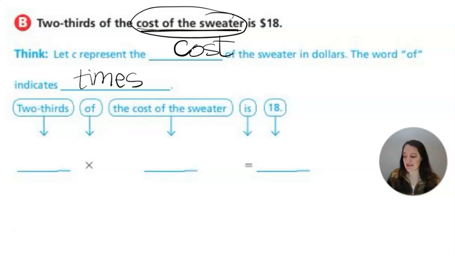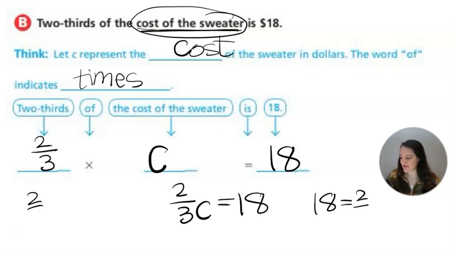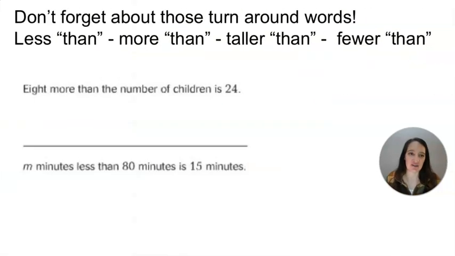So when I rewrite this, I'm going to go 2/3 times the cost of a sweater is 18. And we could rewrite that as just 2/3 C is 18. We could write it as 18 equals 2/3 C. Okay, remember that coefficients and variables, they're always times together. So if you want to be lazy and just smash them together, you totally can.